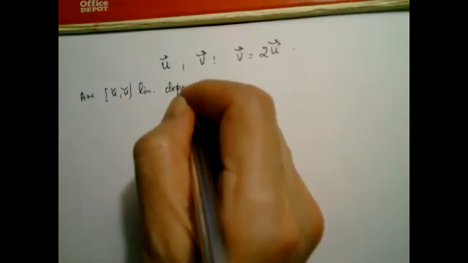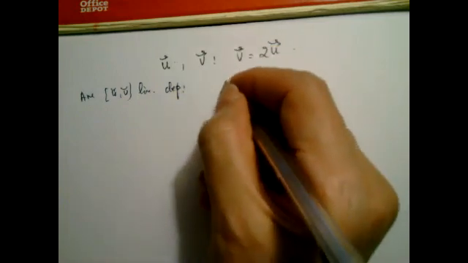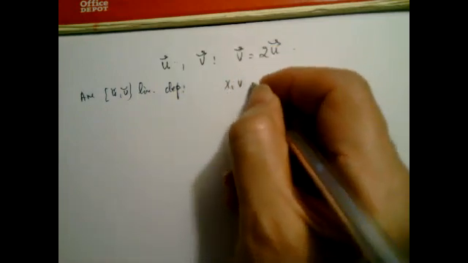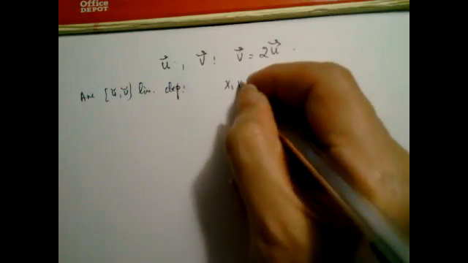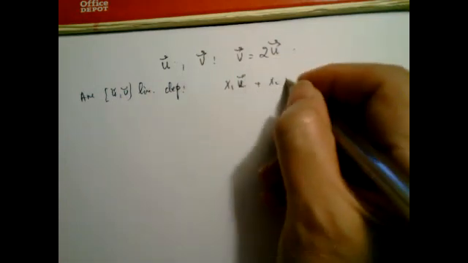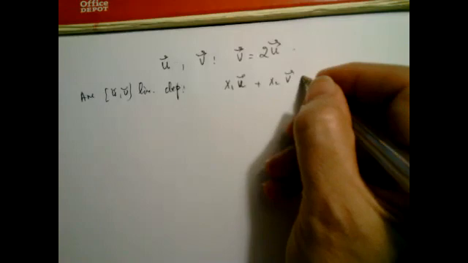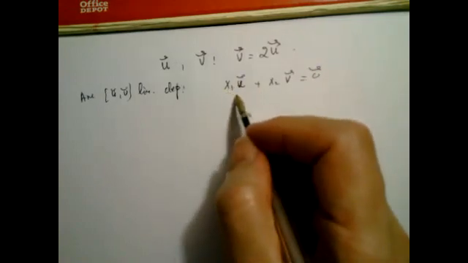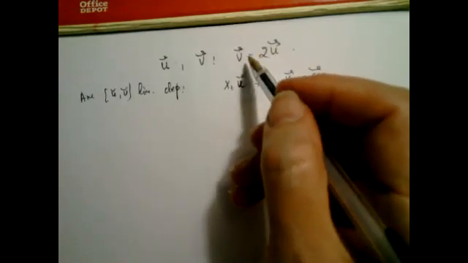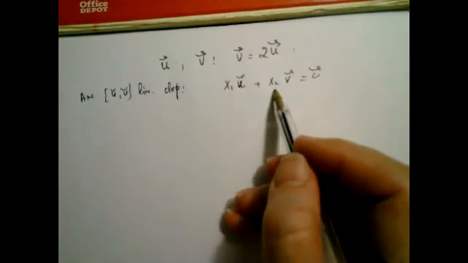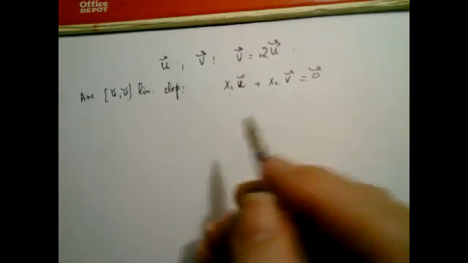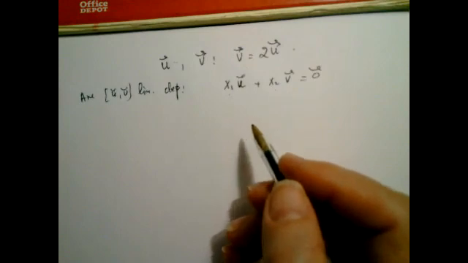Linearly dependent means, can you give me scalars? I'm going to go to the definition, because otherwise I will be messing you up. Can you give me scalars, based on this relationship, not 0, such that this is equal to 0?